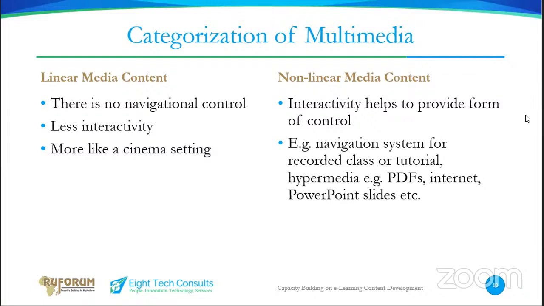So for example, when you're on the internet and you click a link, it will take you to a web page. If you're in a PDF and you click a button, it will take you to a certain page, or it will play an action. It could play sound, it could play a video, it could change the color of something, it could make maybe a shape move, or change, or something like that.